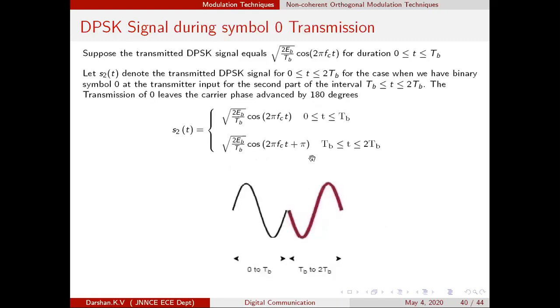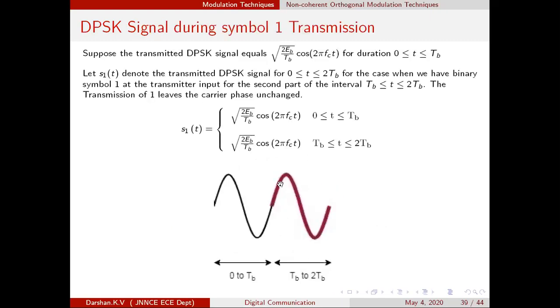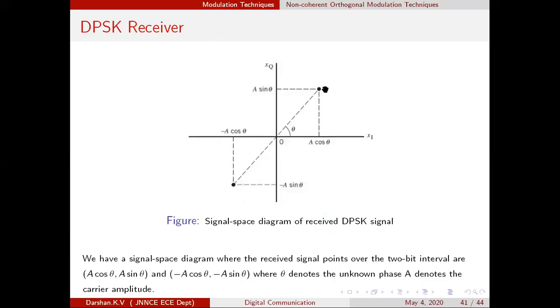Then during the next interval, the receiver will receive the signal and compute the in phase and quadrature phase components. Since there is no phase shift, the signal which is received now will also get plotted over here. So this is one case. What would you understand from this?